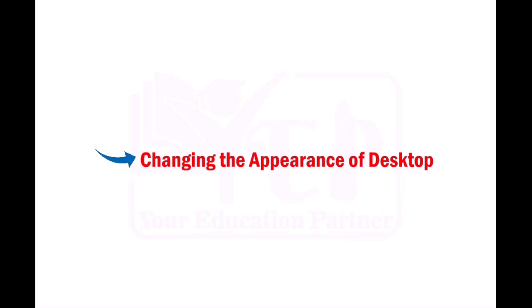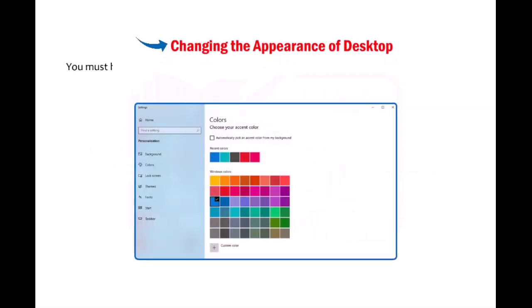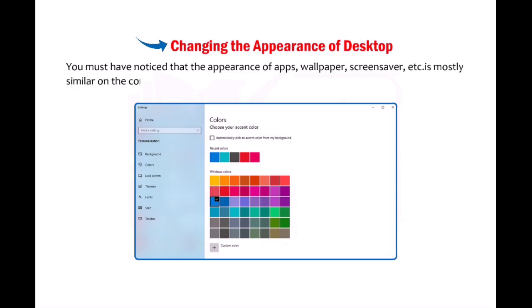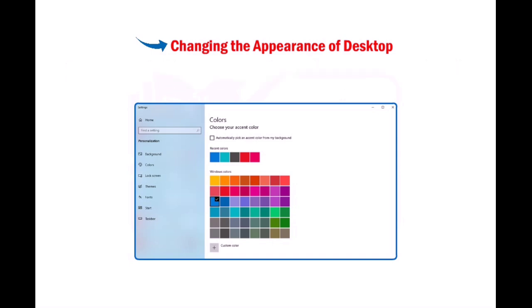Changing the appearance of desktop. You must have noticed that the appearance of apps, wallpaper, screensaver, etc. is mostly similar on the computer system of your school lab or at your home.